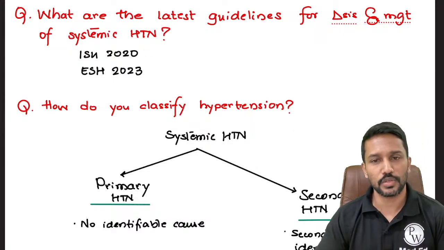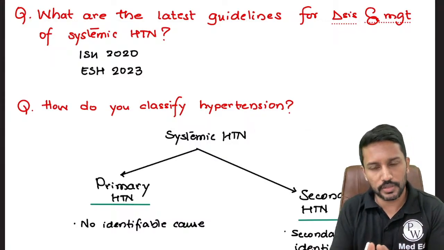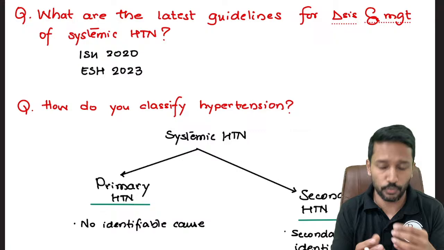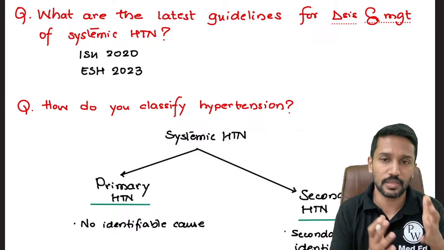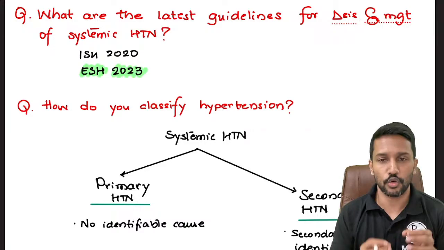One is International Society of Hypertension 2020. If you have been following me for the last few years, whatever I have spoken in YouTube videos in the past is all based on the ISH 2020. But since 2023, we have an update. Among the existing guidelines, the latest is the European Society of Hypertension 2023 guidelines. Whatever I'm going to talk about today will be primarily based on the European Society of Hypertension 2023 guidelines, and these are the most latest guidelines.